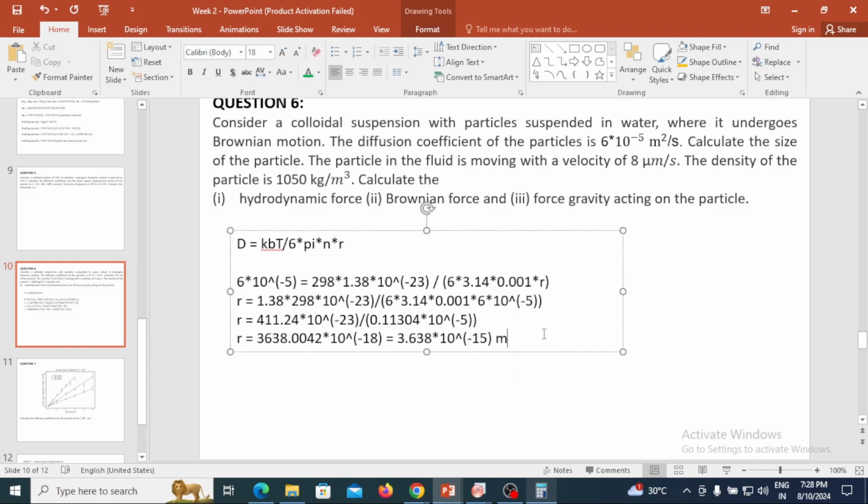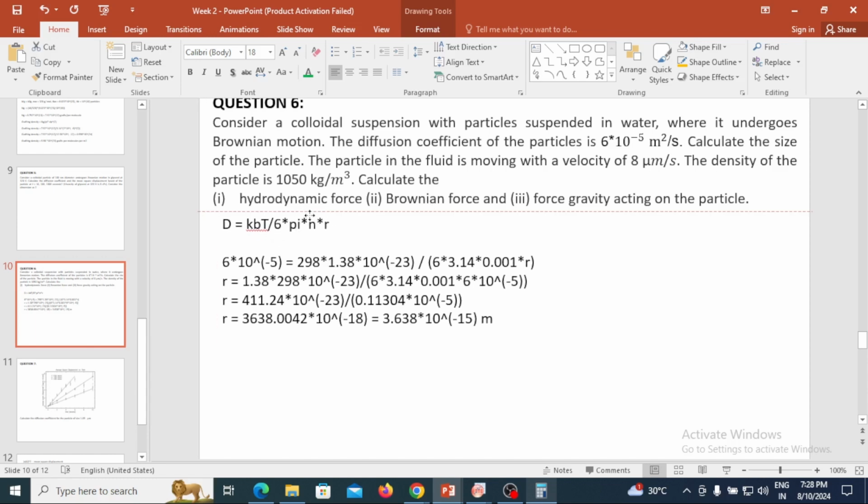Now, since we have the size of the particle, we can calculate all the three forces. So let's just calculate that. First is the hydrodynamic force, which is the frictional force.